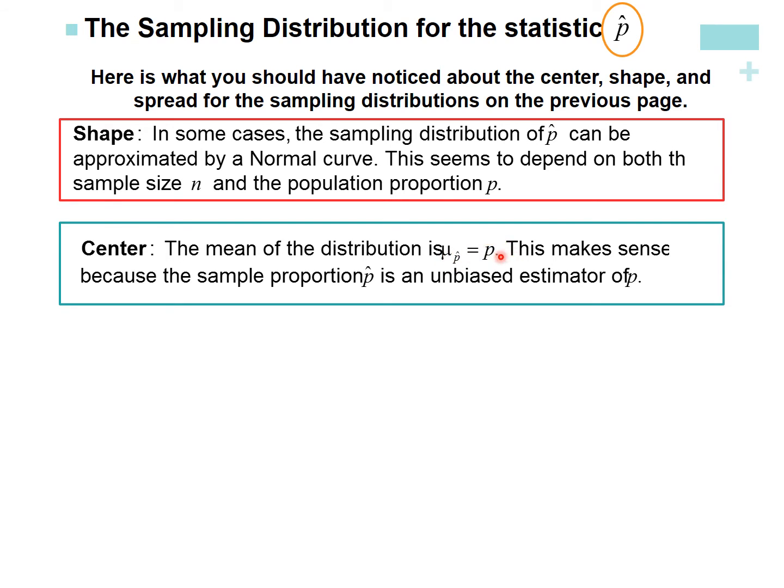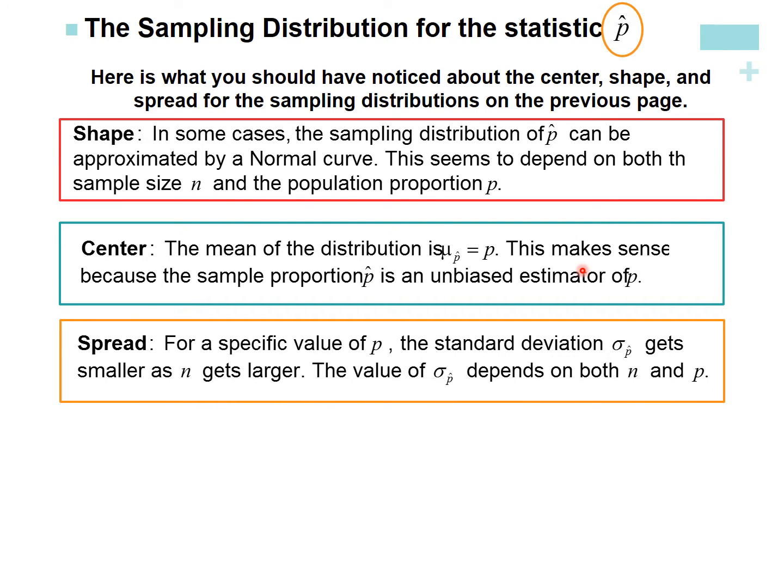If we remember the samples of 50, the mean of that sampling distribution was 0.149, which was really close to the population proportion of 0.15. This makes sense because the sample proportion p-hat is an unbiased estimator of p. Unbiased estimator means that the mean of that sampling distribution is close to the mean of the population.